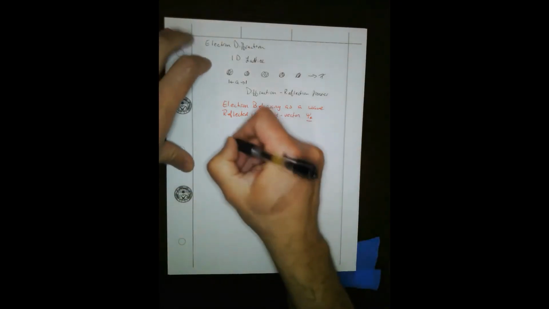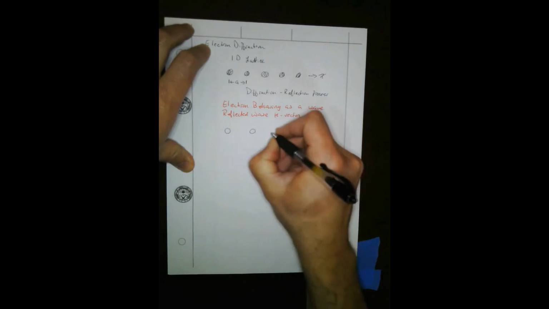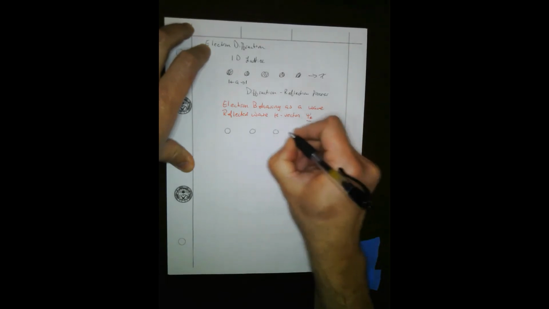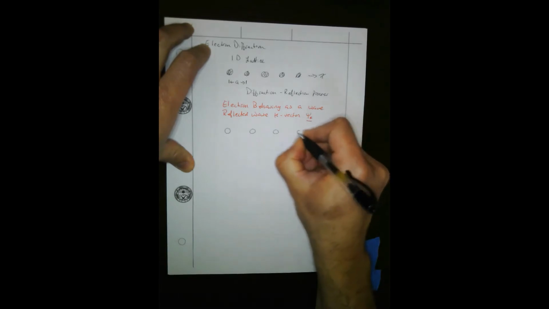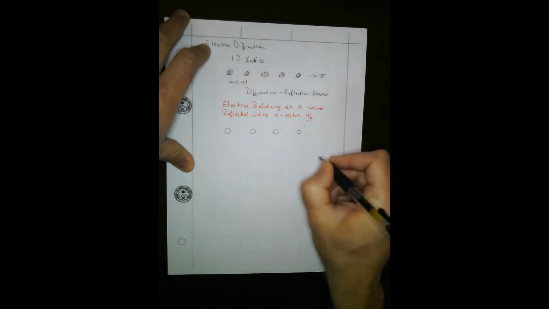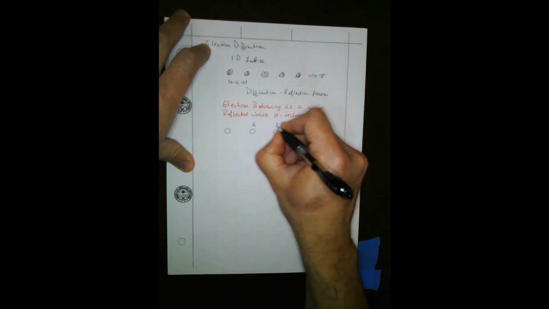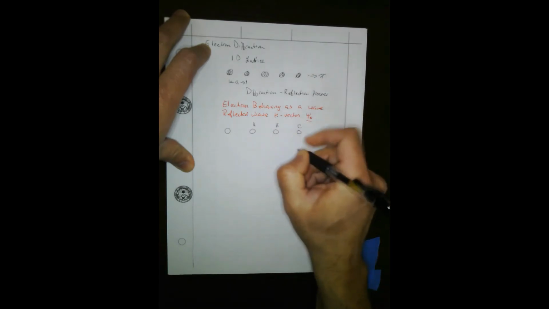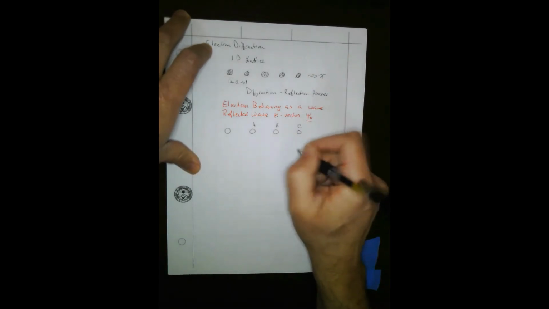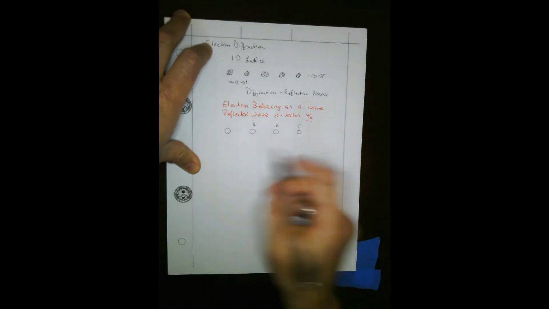So let me rewrite this in terms of A and A prime, and so we'll do A, B, C. Then we have some situations where the wave will keep going, and then we'll have a situation where the wave will bounce back.